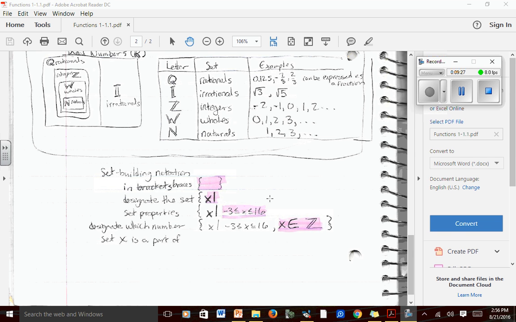And then lastly, we put a comma, and we list the set again, and then we use this symbol, which means is a part of, and then we list the letter that corresponds to the kind of set that we're working with. And a lot of times it's real numbers, but in this case it's only integers. So this would include everything. It would include -3, -2, -1, 0, and then all the integers going up to and including 16.